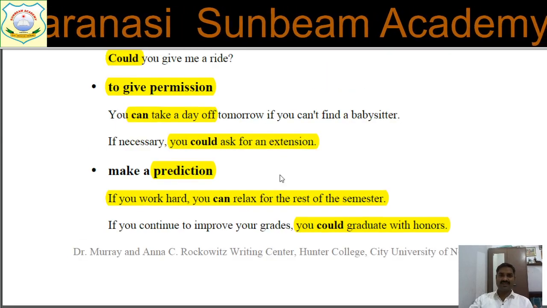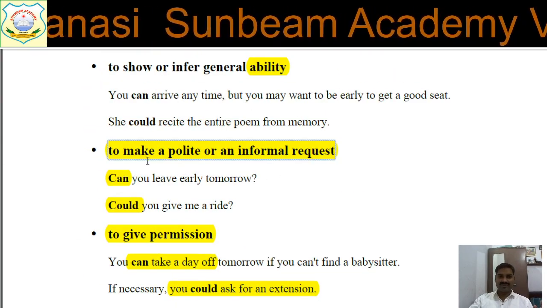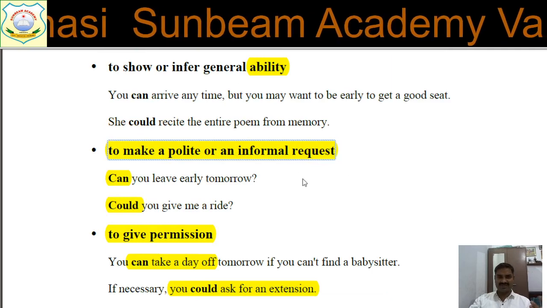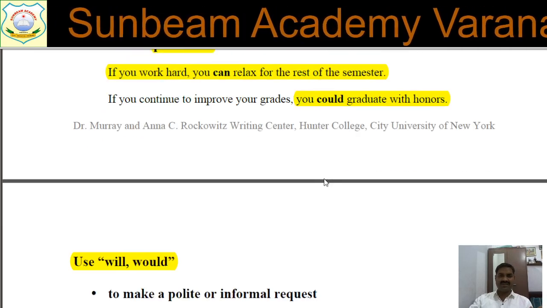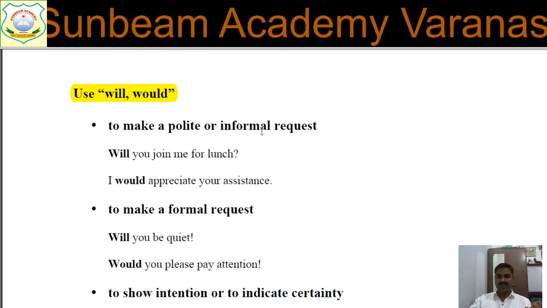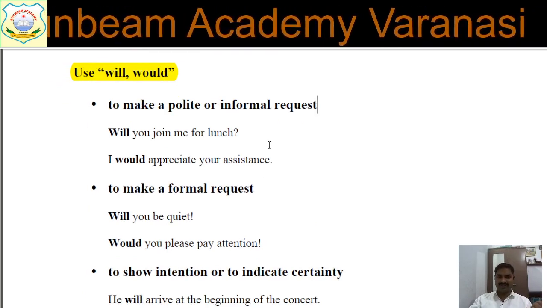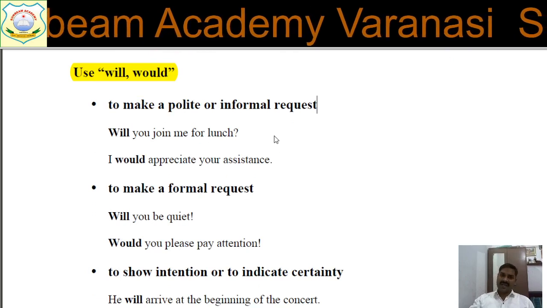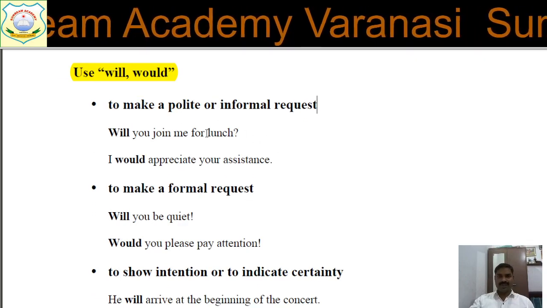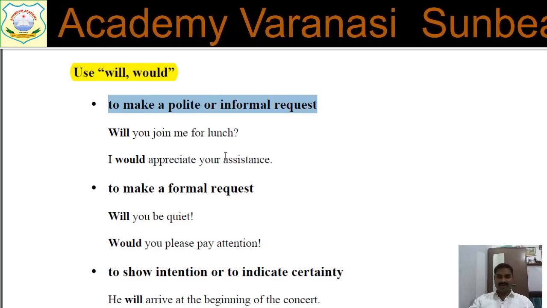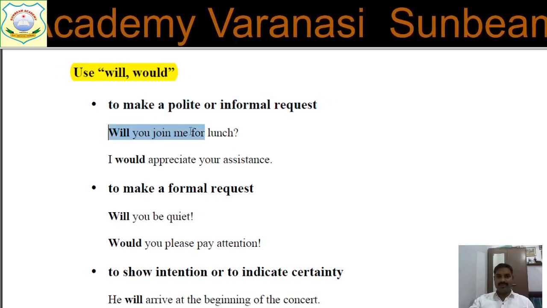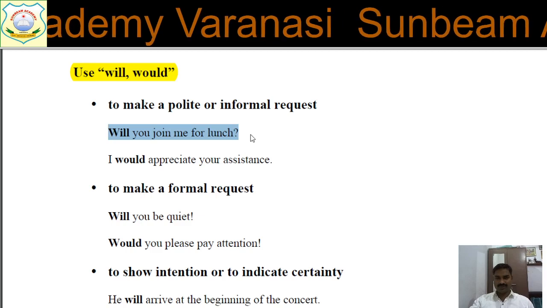Again, as here this was to make polite or informal request. Here can or could was used to make polite or informal request. Again here will or would is used to show informal request. Then what is the difference between can or could or will or would? Okay, see, let us find. To make a polite or informal request, will you join me for lunch? This is the question.